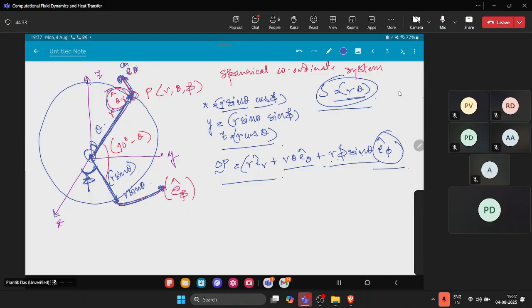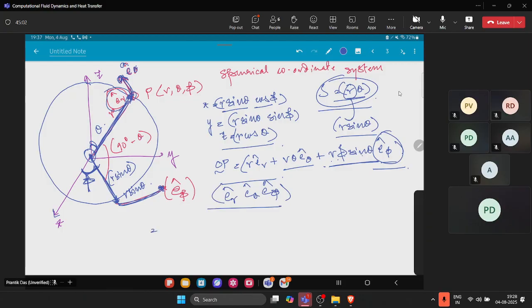We are also using here the concept A is equal to r theta, but here your r actually becomes r sin theta, since you are projecting this radial vector on the xy plane. Okay, so this is r phi sin theta E phi cap. So if I want to express in terms of E r cap, E theta cap, and E phi cap, it will be like this.